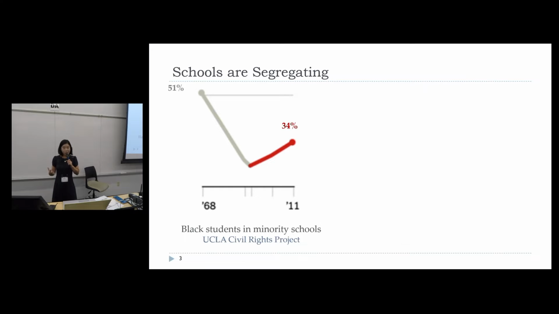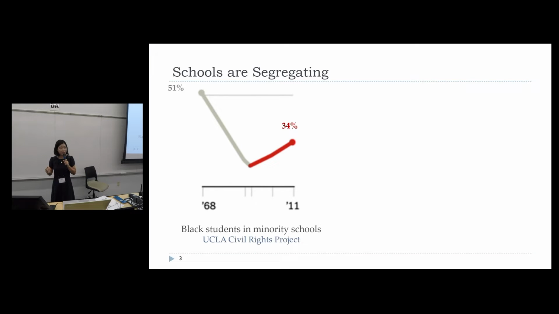Okay, so the main problem that I want you to have in the back of your minds for today's talk is that schools across the US are segregating. What I'm showing you here is a plot of the percentage of Black students in minority schools. These are schools with 90% or more underrepresented racial minorities.